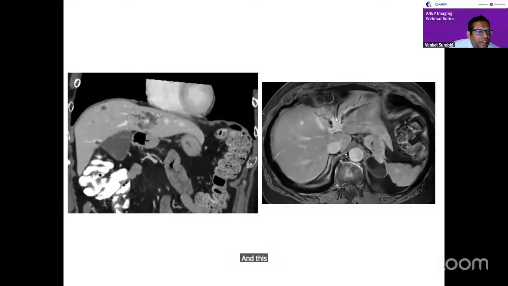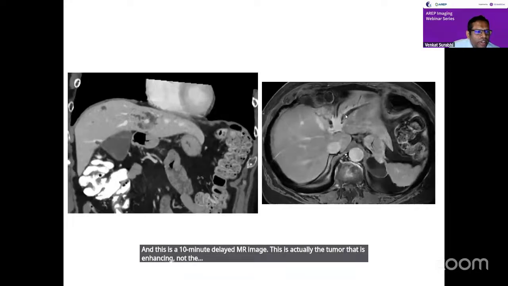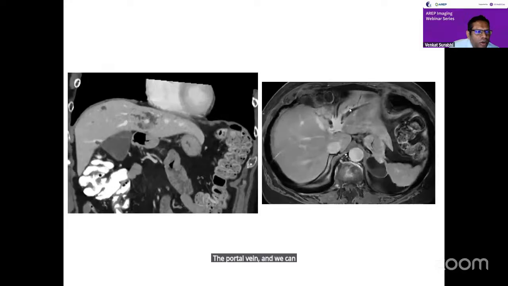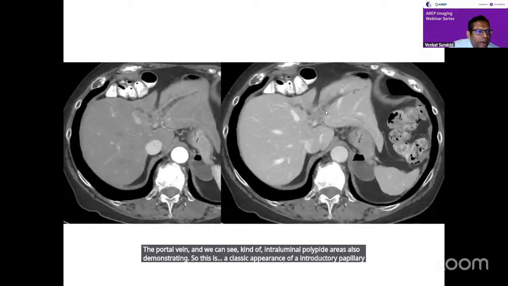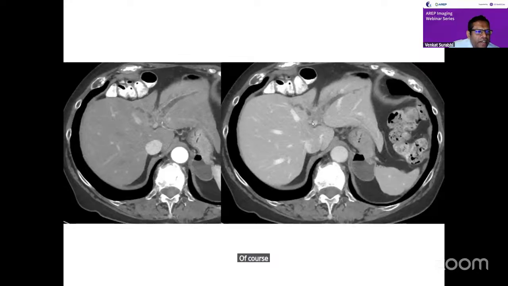And this is a 10-minute delayed MR image. This is actually the tumor that is enhancing, not the portal vein, and we can see intraluminal polypoid areas also demonstrated. So this is a classic appearance of an intraductal polypoid cholangiocarcinoma with some degree of, of course, mass forming element always there, that is encircling the left portal vein here.